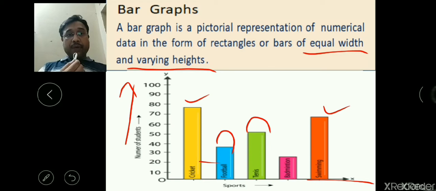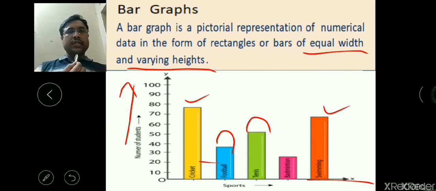Cricket is liked by 75 students, and football is liked by between 30 and 40. At the last, swimming represents 70 students. This way it shows the data.